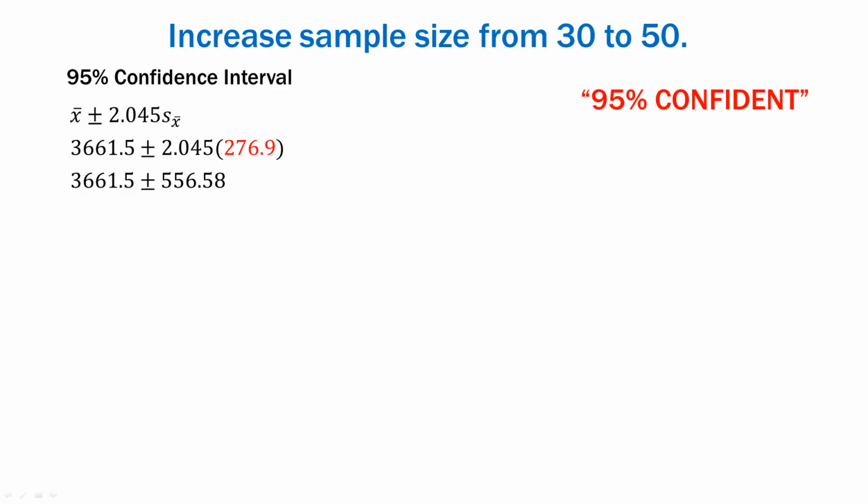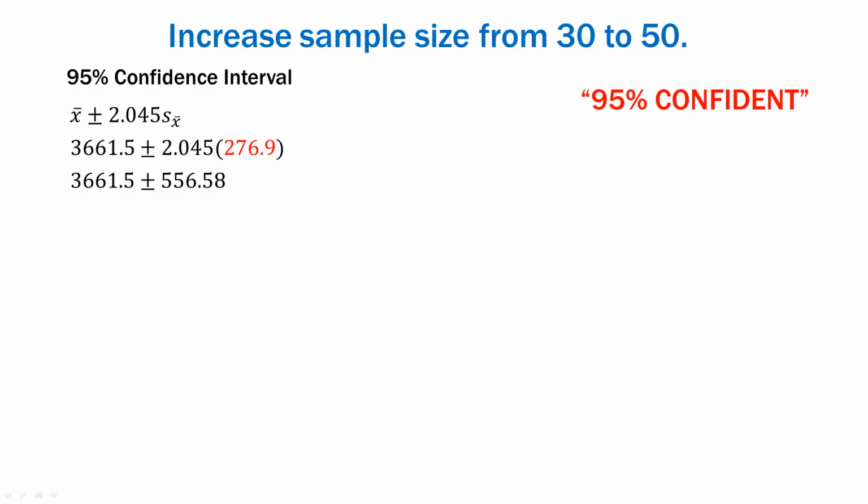Let's change the sample size from 30 and increase it to 50. So the exact same problem. All we're doing is increasing the sample size from 30 to 50. Now the first thing we have to notice is that there in the red on the left, our standard error changes.